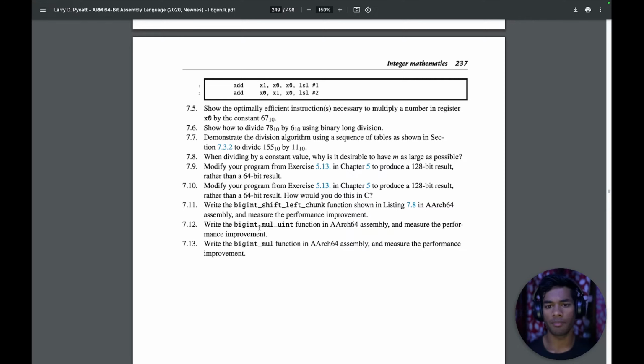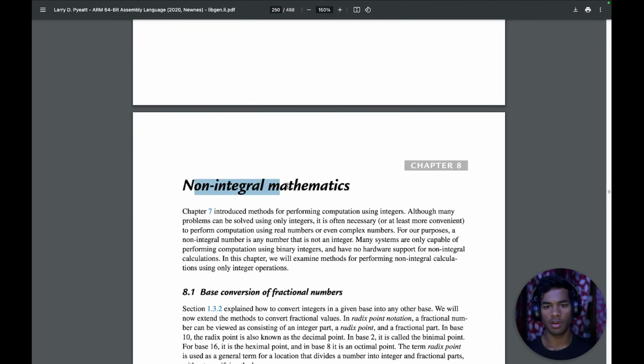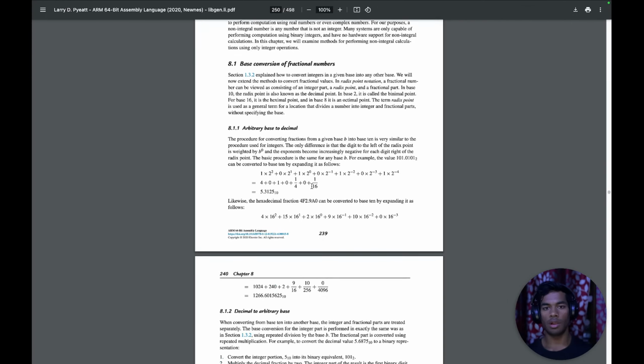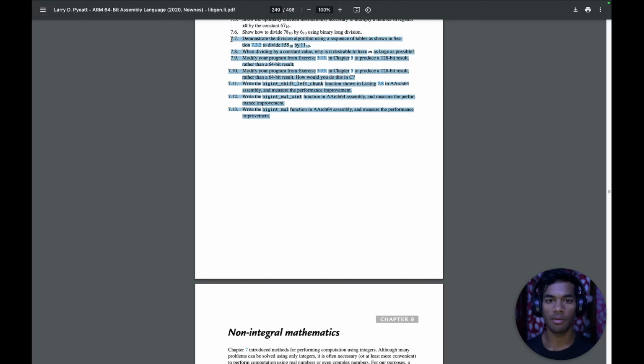What I feel like is that these remaining chapters are more mathematics than assembly language, and thus we can skim over them without going into a lot of details. And these exercises concern themselves more with binary multiplication than with assembly language.